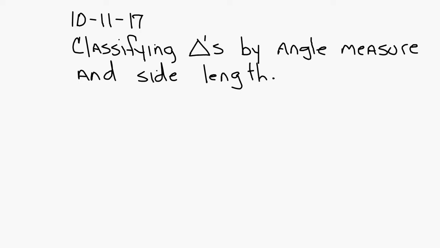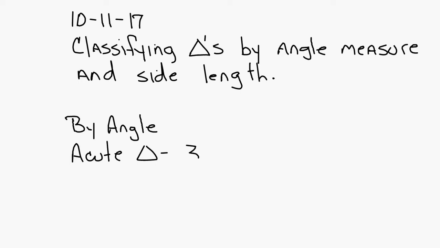All right, so first, by angle measure or by angle, you've got an acute triangle. An acute triangle has three acute angles, and an acute angle is less than 90 degrees.